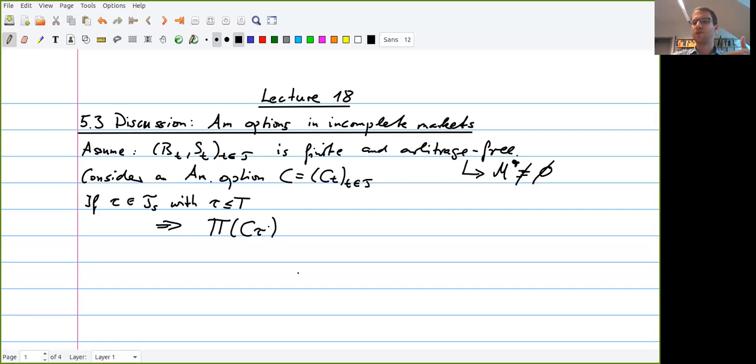If I stop the American option with a fixed stopping time tau, it's a European option, right? It's a non-negative random variable, and I can identify it as a payoff with maturity capital T.